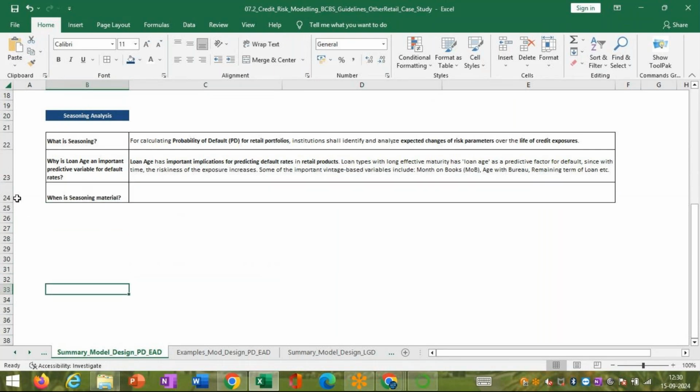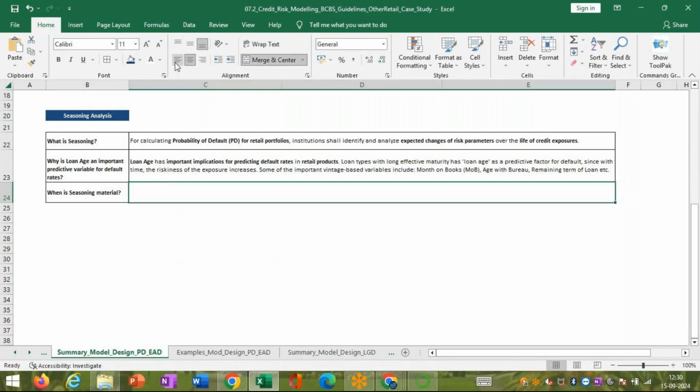So basically, what we want to know is: does all loan require seasoning analysis to be performed? What do the guidelines say about it?